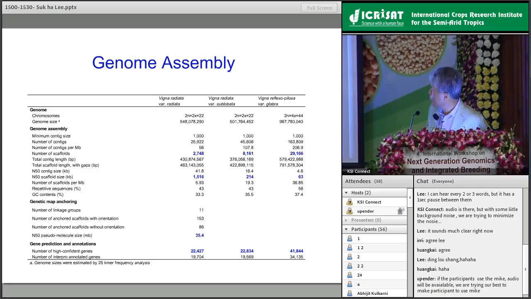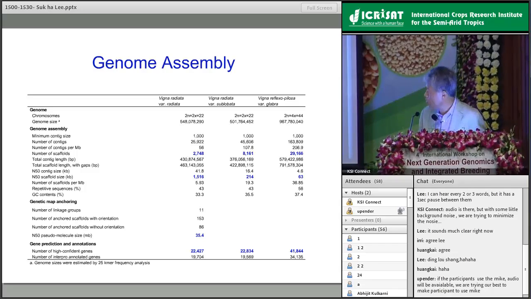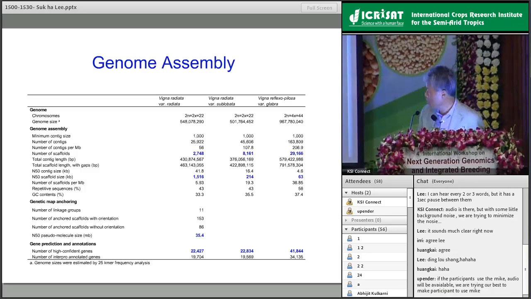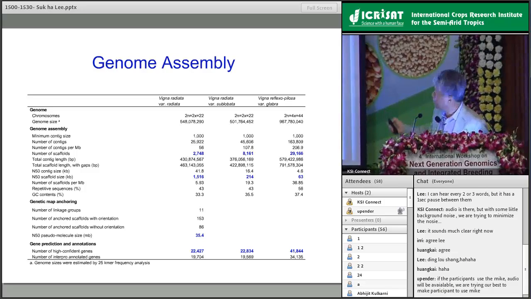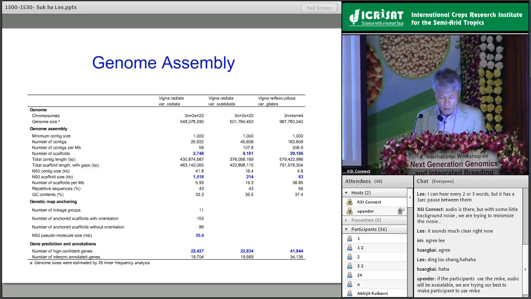We ordered the scaffolds based on the SNP markers in the genetic map, and the pseudo-molecule size is about 35 megabase. We also did genome assembly for the wild species Vigna radiata sublobata, and the duplicated Vigna reflexo-pilosa.